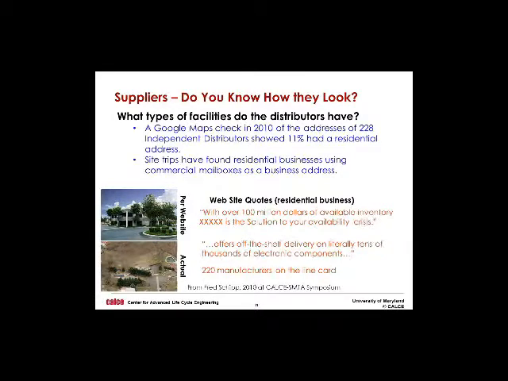That is bad enough for a distributor, but then he finds that many of those residential addresses really have a commercial mailbox as the business address. You do not want to be in a situation where you need to buy from organizations like this.